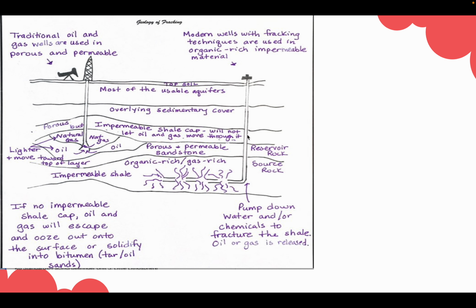You're going to put water or other chemicals in this well in order to cause it to fracture or break. You basically cause little mini explosions. That is going to break the rock apart and allow that natural gas that is trapped in that rock to flow up and out of the well. Okay?